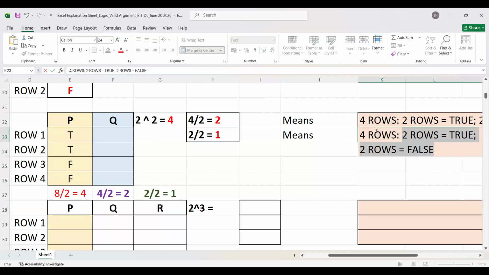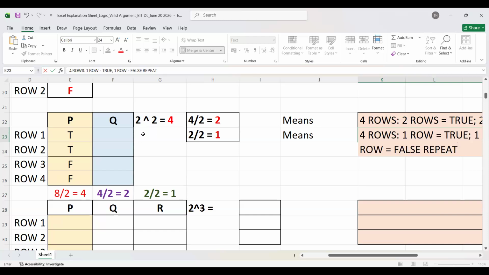But this time, because the ratio is 1, you pick 1 row and let it be true, followed by the other row, which you let be false, and then you repeat this order until you fill up the 4 rows.